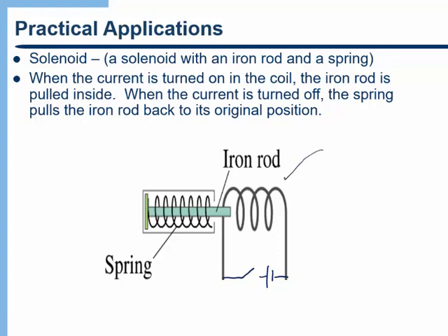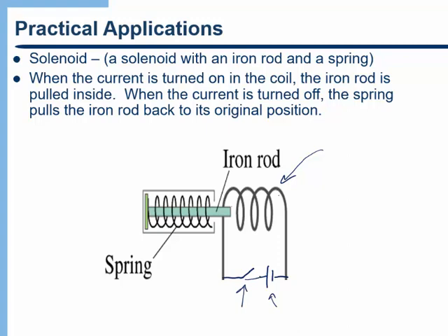Here is our coil of wire. We have it connected to a battery and a switch. And here we have a metal rod that has a spring that holds it in its normal position. Well, here's what happens. When I close the switch, I energize this coil.